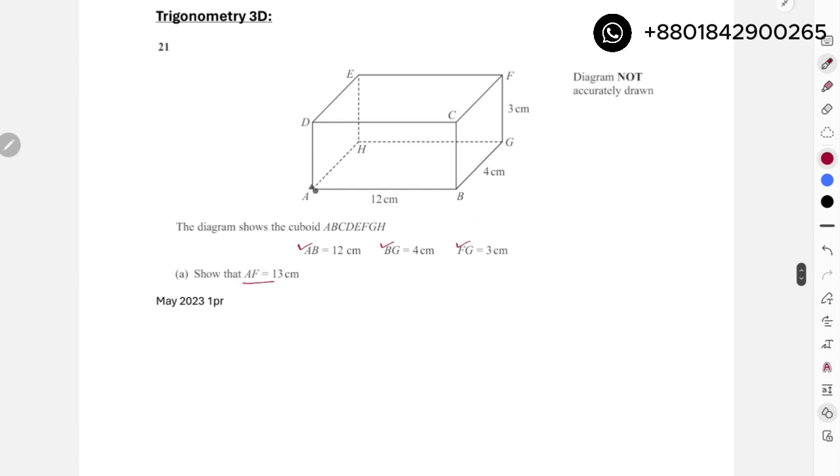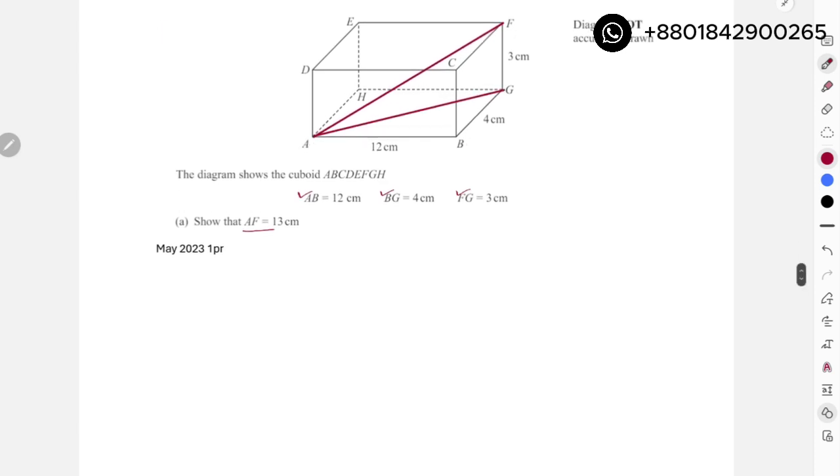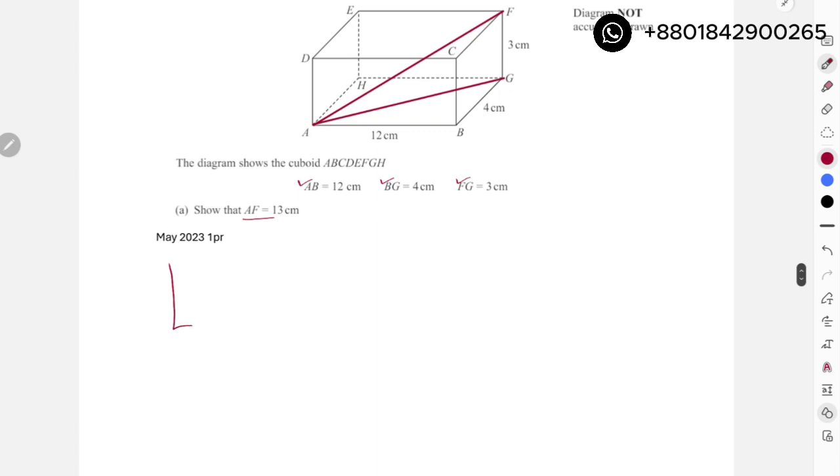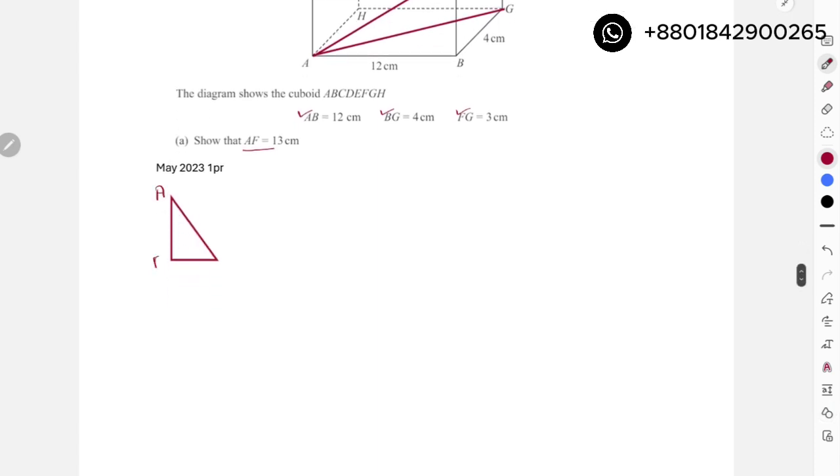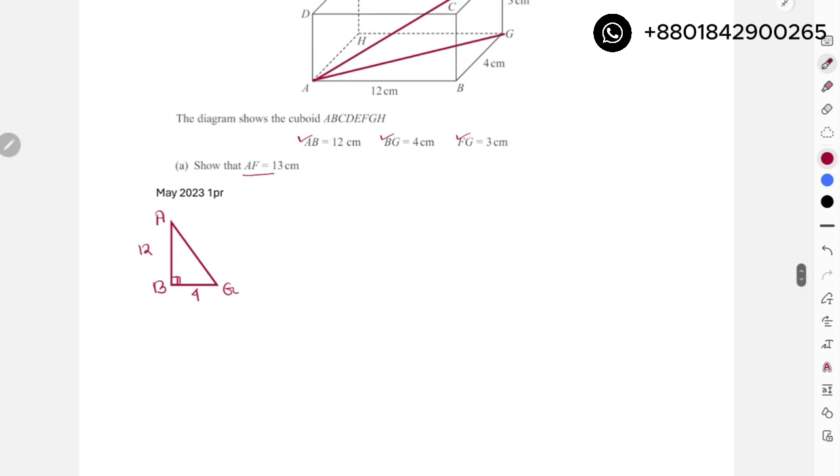AF is actually the opposite diagonal of this entire structure. For AF, I would need the diagonal of the base, which is AG. AG I can calculate using this triangle ABG, so we'll focus on that ABG first, on the floor first. So ABG, this is how it looks, a right angle triangle. This is 4, this is 12, and I want to find out AG, that means this is the hypotenuse, right?